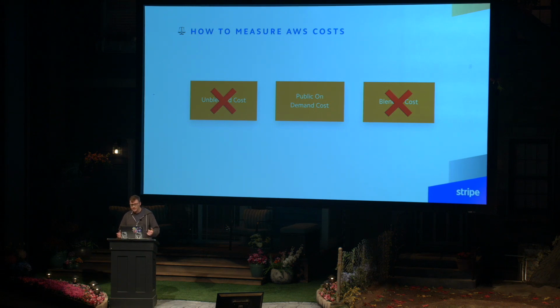The reason we choose to use the public on-demand cost as opposed to any of these more exotic or specialized notions of cost is because it's one-to-one with usage. There's nothing we can do on the bill that alters how the public on-demand cost is reported. It's always the same based on the public pricing.